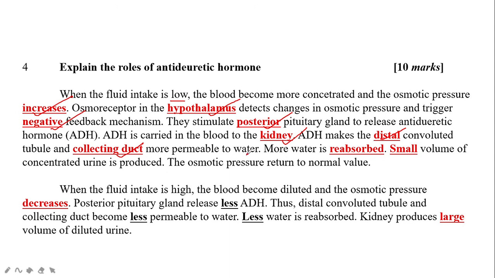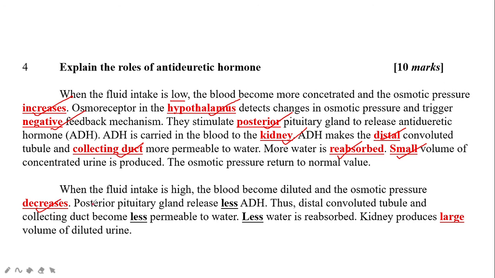So, if they are more permeable to water, more water is reabsorbed. So, if more water is reabsorbed, urine will become concentrated and in small volume. So, osmotic pressure will return to normal level. Okay, but when the fluid intake is high, the blood will become diluted and the osmotic pressure decreases.